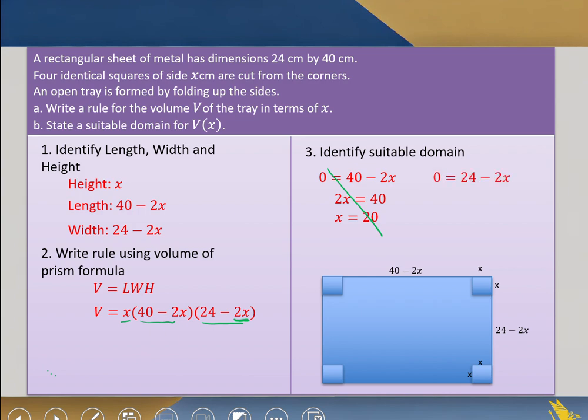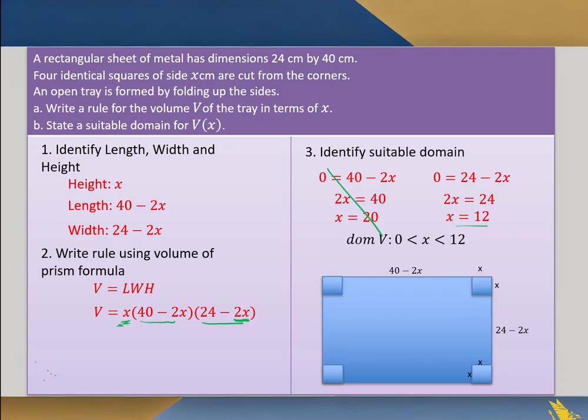I'll look at the next one. That's 24 minus 2x. I then have to get x by itself. So I add 2x to the other side, and then I divide 24 by 2, and I get x equals 12. This tells me the dimensions that I can use. I'll be starting at 0 over here, and I'll be going all the way to 12.